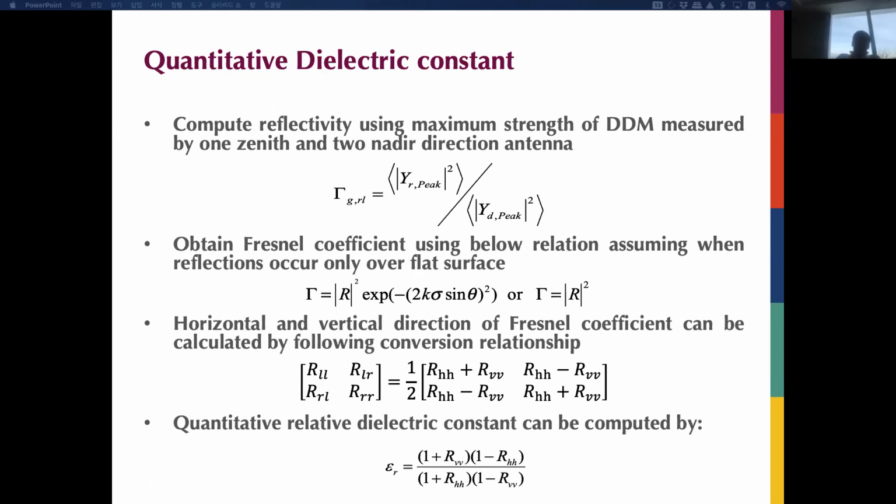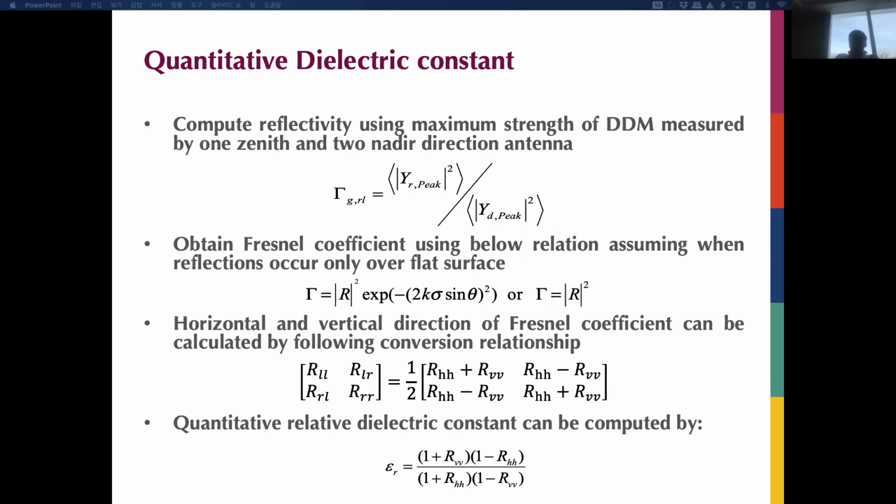So these days our group tried to propose a quantitative method to calculate this dielectric constant, and then we want to build a model from the quantitative dielectric constant to soil moisture.